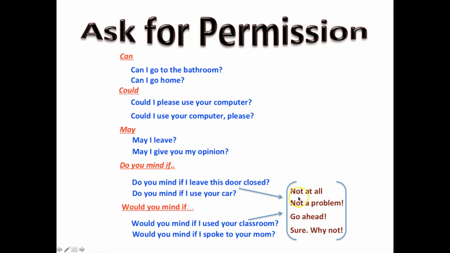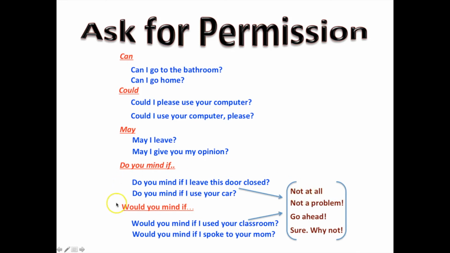So the answer has to be negative for you to give permission to the person. If you say yes I do, what you're telling the person is basically, do not leave the door closed, leave it open. So you're rejecting that, and if you're accepting, then the answer has to be negative.